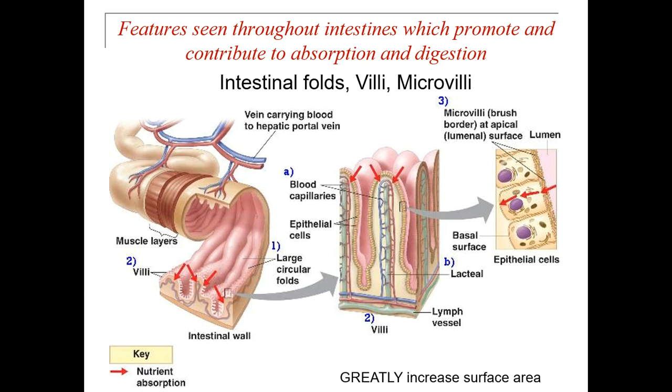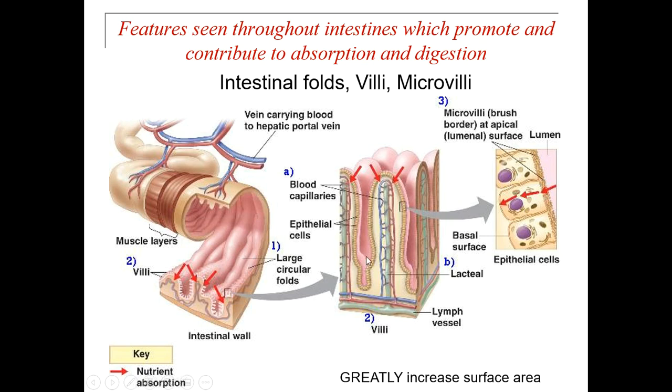The only way that the intestines can further digest and then absorb the food, well, it's not food at this point, but those partially digested food molecules, is if they actually come into contact with the intestinal wall. So all of these things which are present, from the intestinal folds to the villi to the microvilli, their entire function is to increase the surface area so we can maximize the amount of absorption which is going to take place.